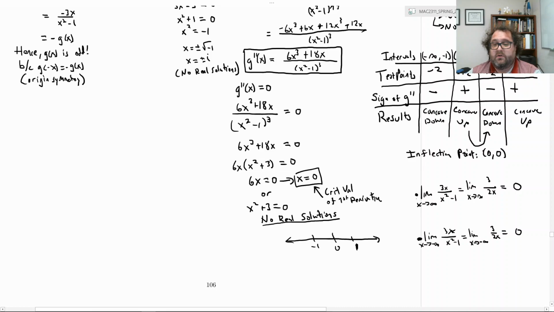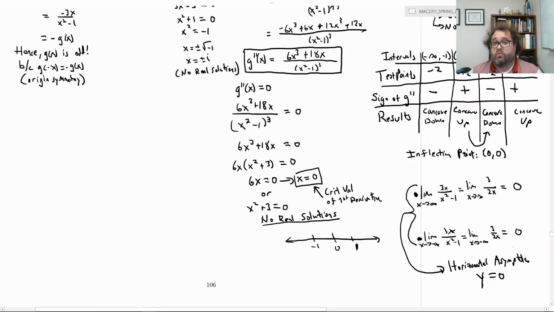Remember, from chapter 1, if we look at those two limits at infinity and we get a finite solution, this tells us we have a horizontal asymptote, y equals 0. Basically, the x-axis is a horizontal asymptote.